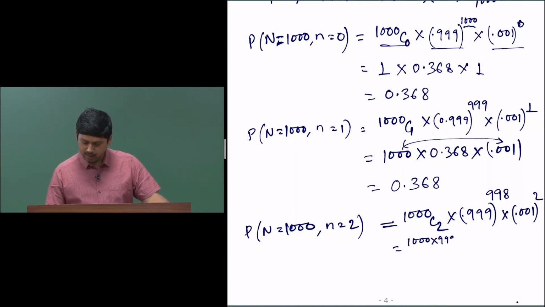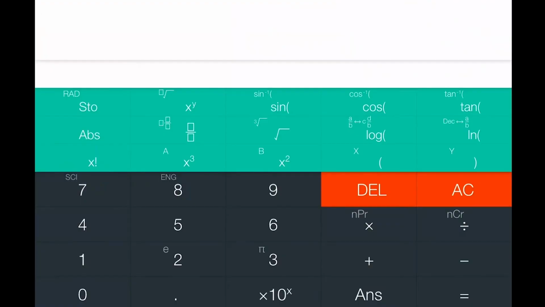It is 1000 into 999 divided by 2, and then 0.999 to the power 998, which will be almost 0.368, and then 0.001 to the power 2. As you can see, in this calculator 1000 C 2 gives an error, so we are going to do it our own way. 1000 into 999 divided by 2.